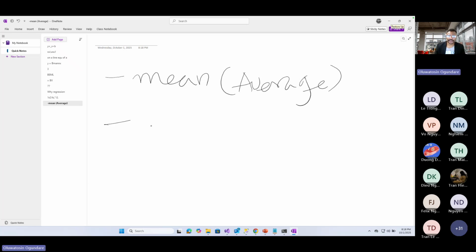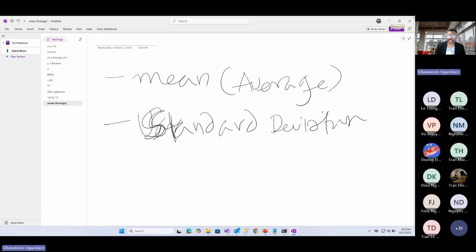If I tell you the average and I tell you the variance, or in fact, let's not use variance, I tell you the standard deviation, which measures how a random data point would depart from that average that I've given you.